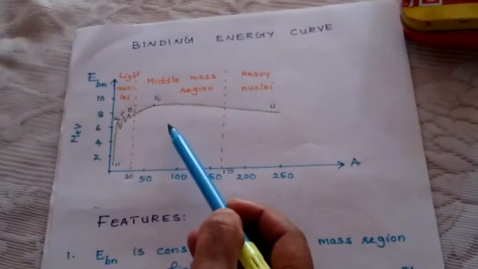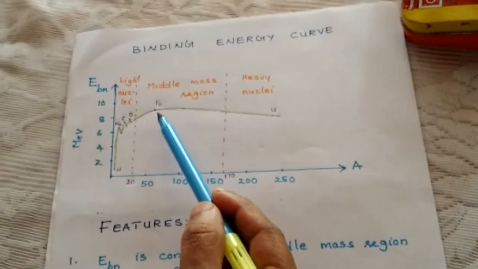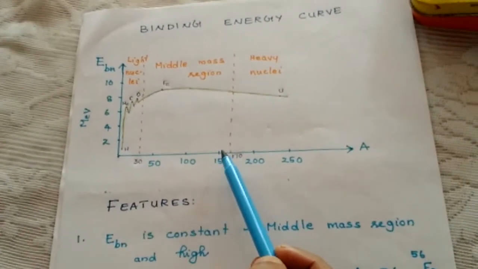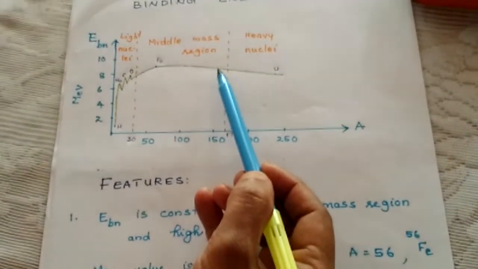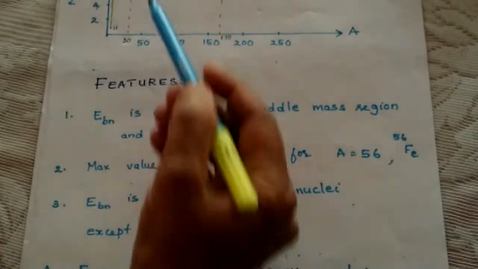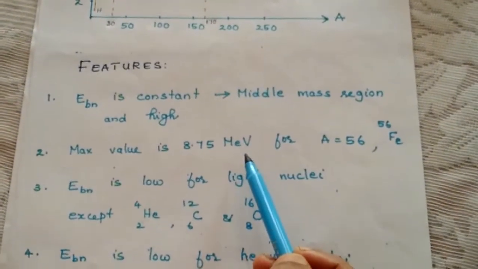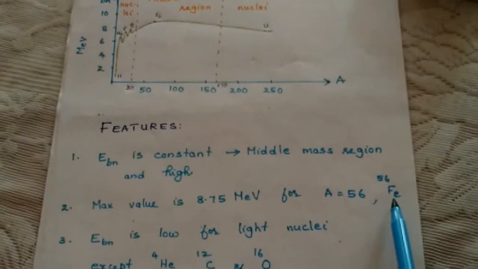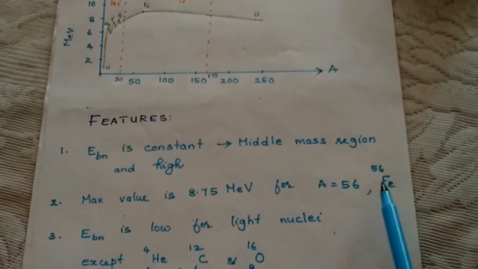A nucleon is attracted by its nearest neighbors only, because the binding energy per nucleon doesn't increase with the mass number. So this force should be a saturated force. And the maximum value of the binding energy is 8.75 MeV for mass number 56, and that element is iron 56, and it is the most stable element.